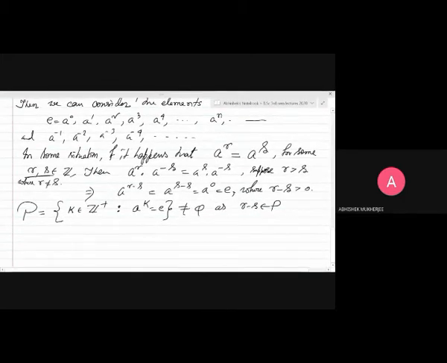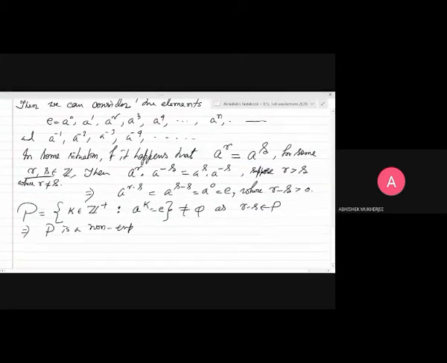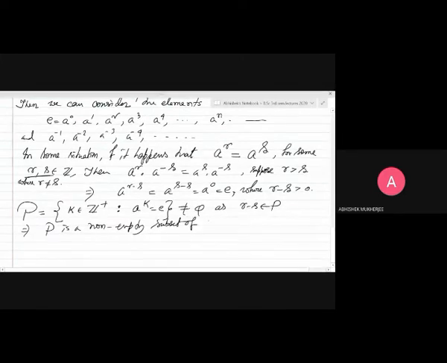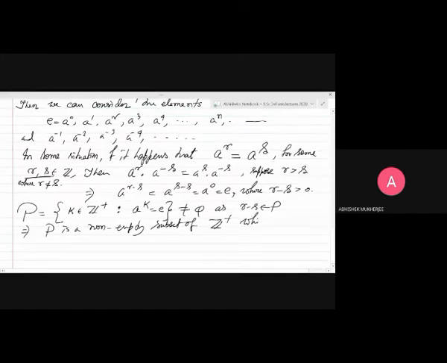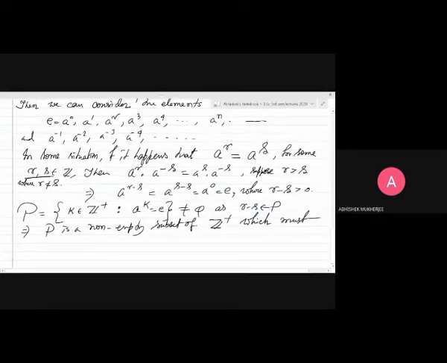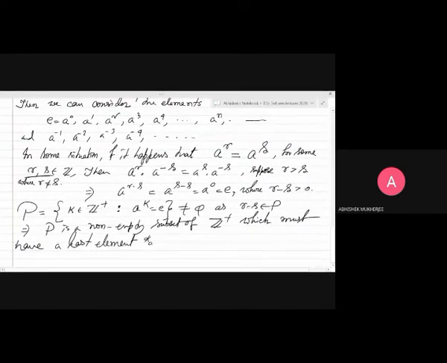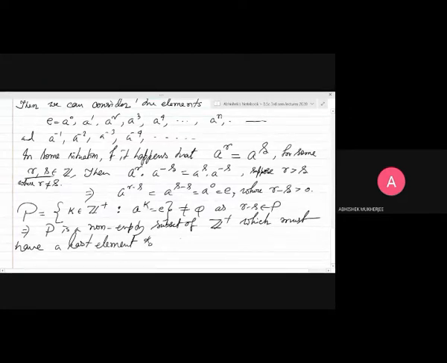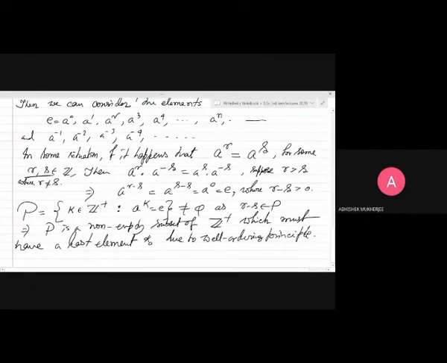So P is a non-empty subset of Z plus, which must have a least element k0 due to the well ordering principle.